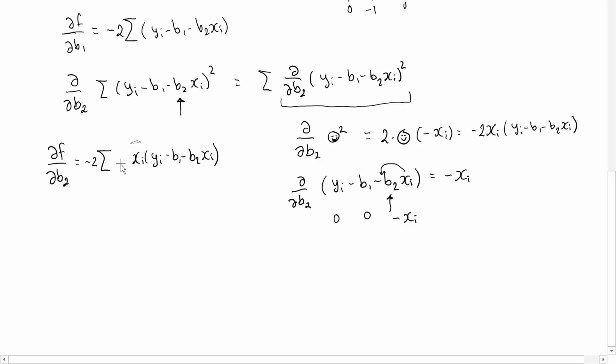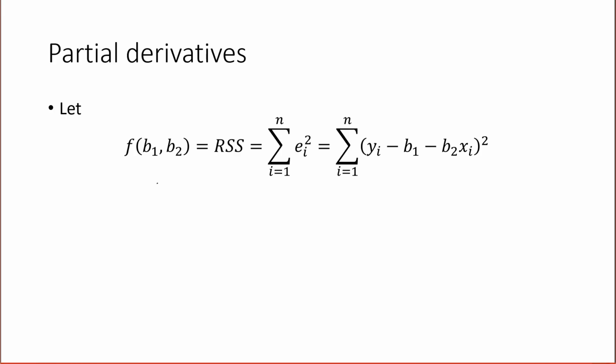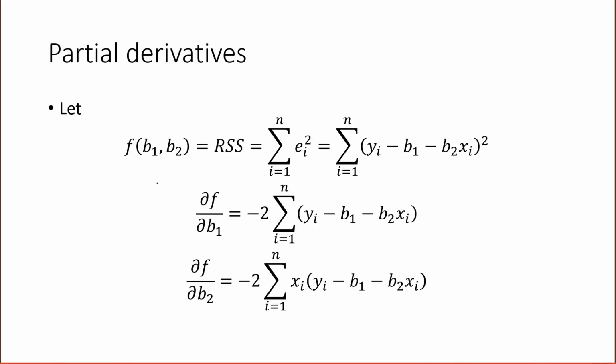So I can write it as minus 2 times the sum of xi times yi minus b1 minus b2 xi. So let's summarize what we have found. The partial derivative of f with respect to b1 is minus 2 times the sum, and the partial derivative of f with respect to b2 is minus 2 times this sum, where I have an xi in front of the parenthesis.